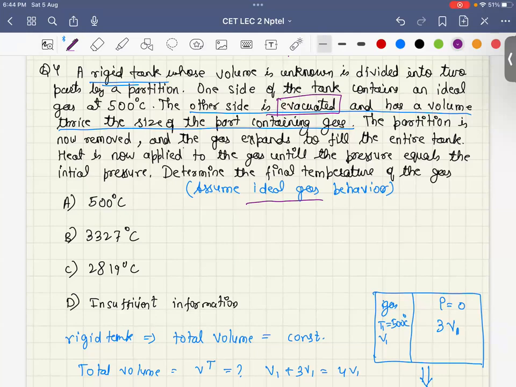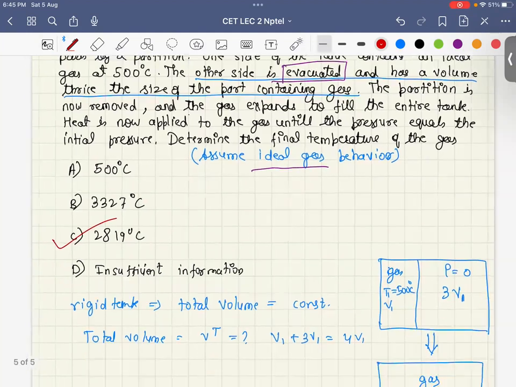Anybody would like to share the answer? Is it 2819? Yes, that is correct. The correct answer is 2819.